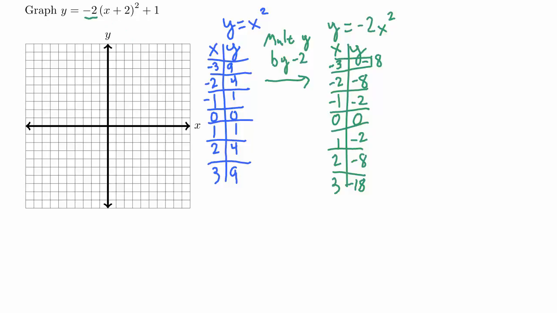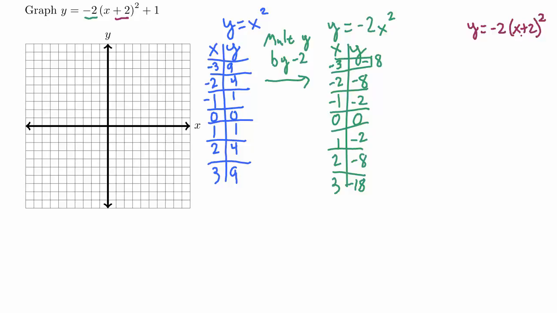Now then, we need to keep going left to right. And the next thing we come across is a +2. Let me go ahead and write it down here. We have -2 times (x plus 2) squared. This +2 here is on the inside of the parentheses.